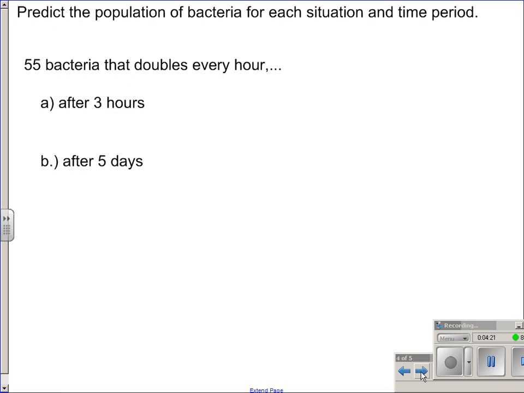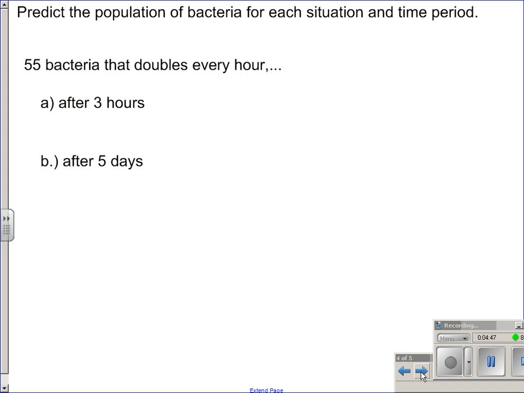All right, this problem, again, just doing some standard problems. They're all the same basic idea of just how much am I starting with, how much am I growing or decaying, and how many times do I need to multiply by that amount. So, this basic example, it says predict the population of bacteria for each situation and time period. So 55 bacteria that doubles every hour.